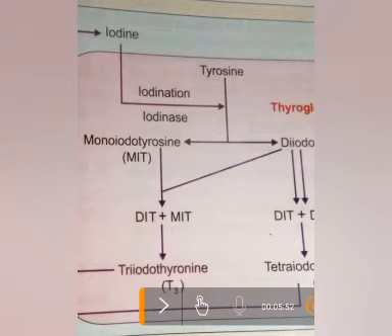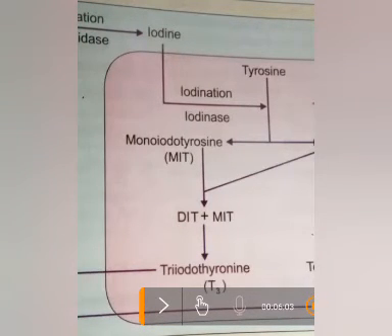This happens through an iodide chloride pump called pendrin. The pendrin pump is responsible for the transport of iodine from the follicular cell to the follicular cavity. Now the next step is the iodination of tyrosine.